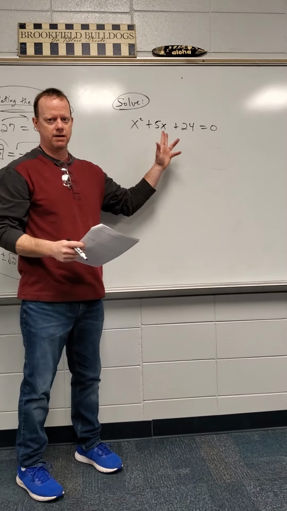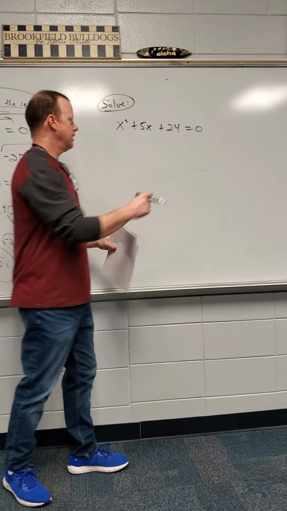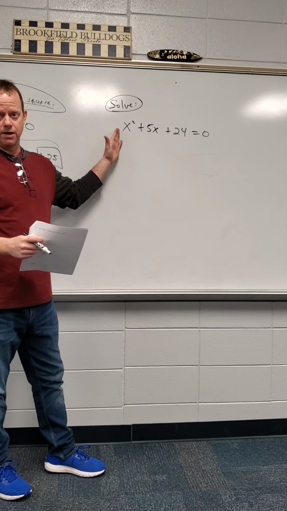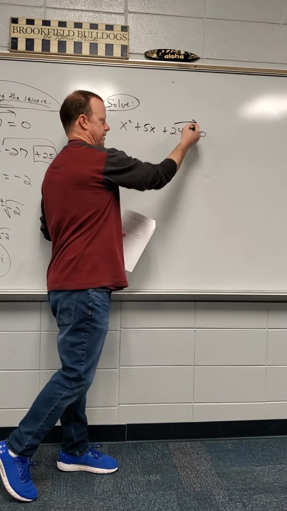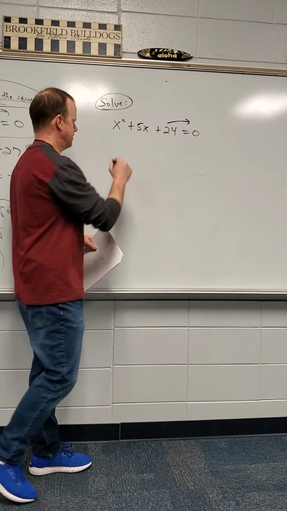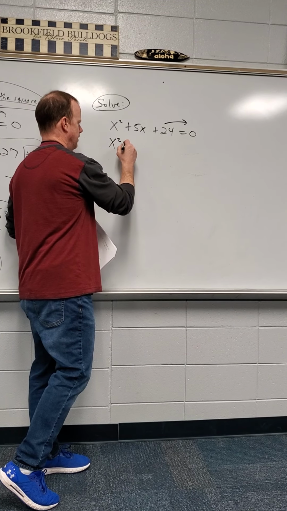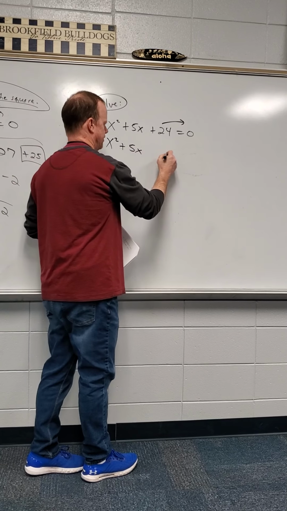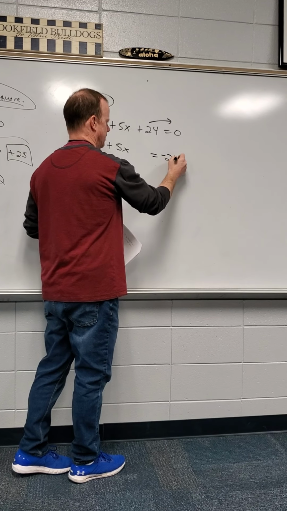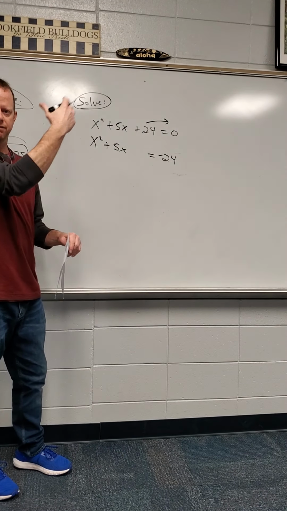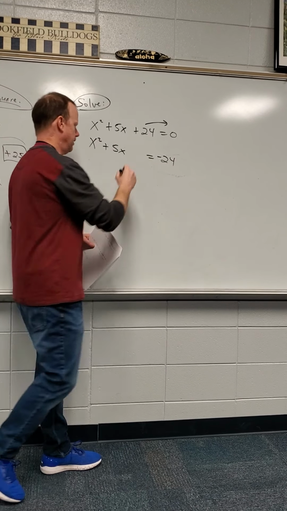One more time using this method. Lead coefficient is a 1, great. Move the constant over, get it isolated by itself. So we have x squared plus 5x, change sides, change signs. A plus 24 on the left is going to be a negative 24 on the right.